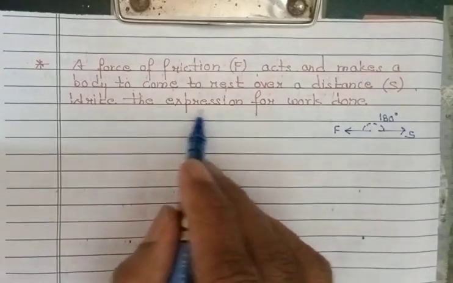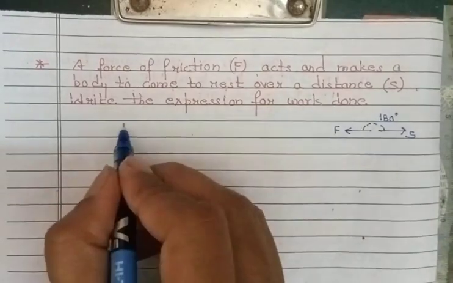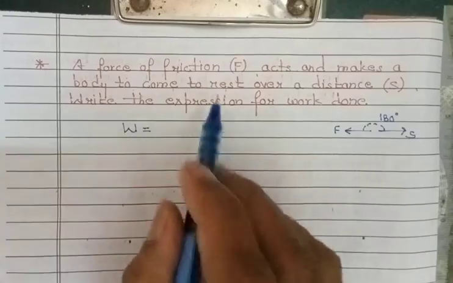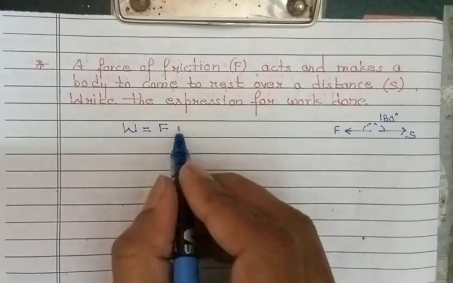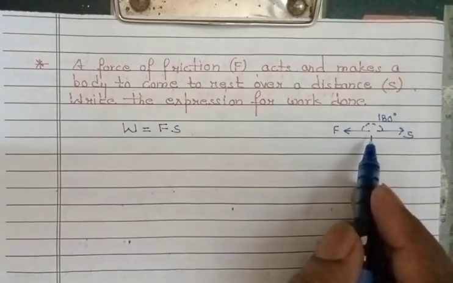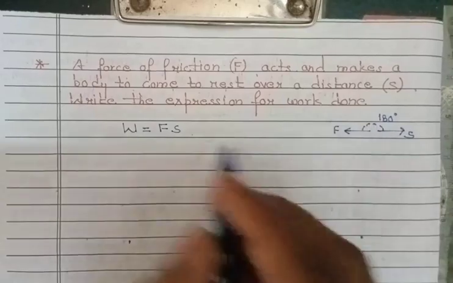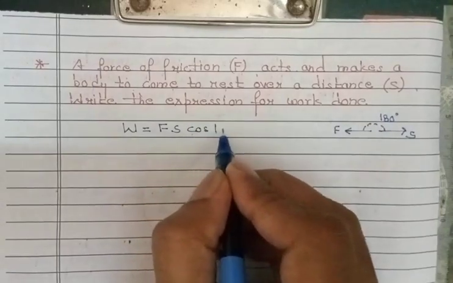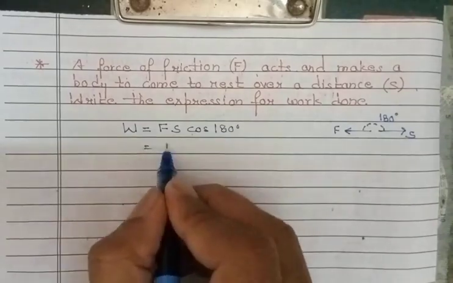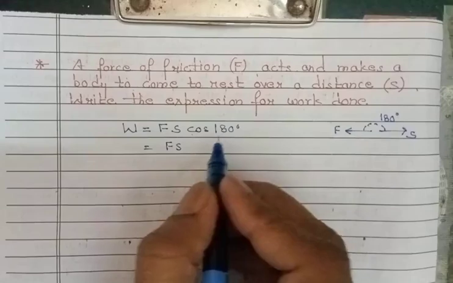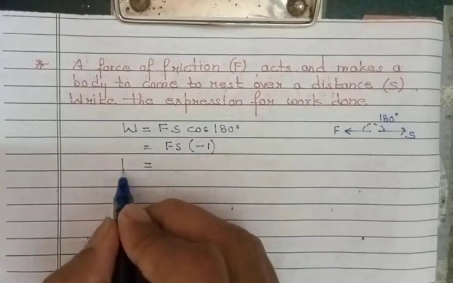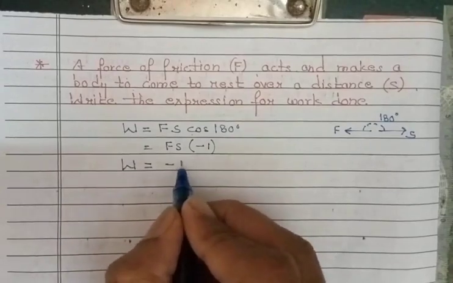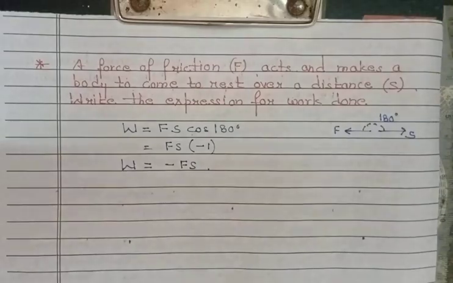So if we have to write the expression for the work done, work is equal to force F, displacement S, and we can see that force of friction is opposite to displacement, so angle will be 180 degree. F S cos 180 degree will give you minus 1. So the expression for the work will be minus Fs. These were some important questions from this chapter.